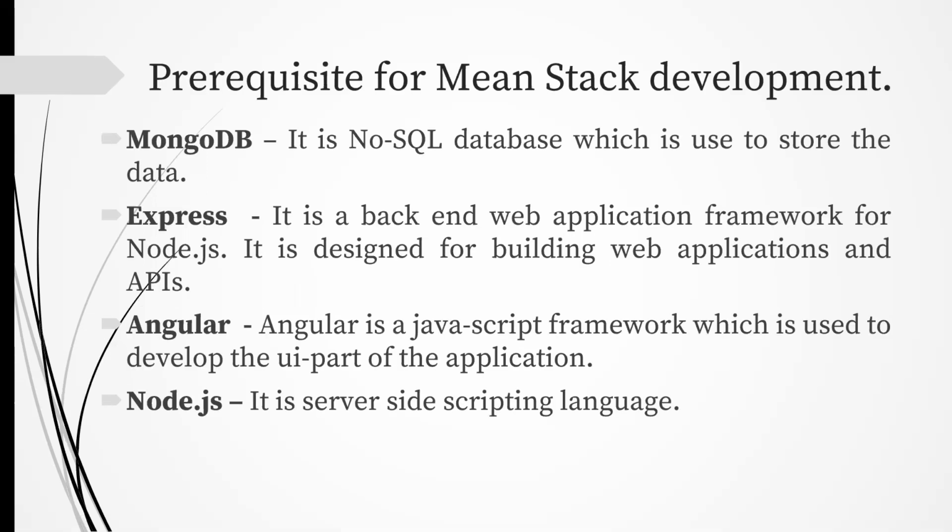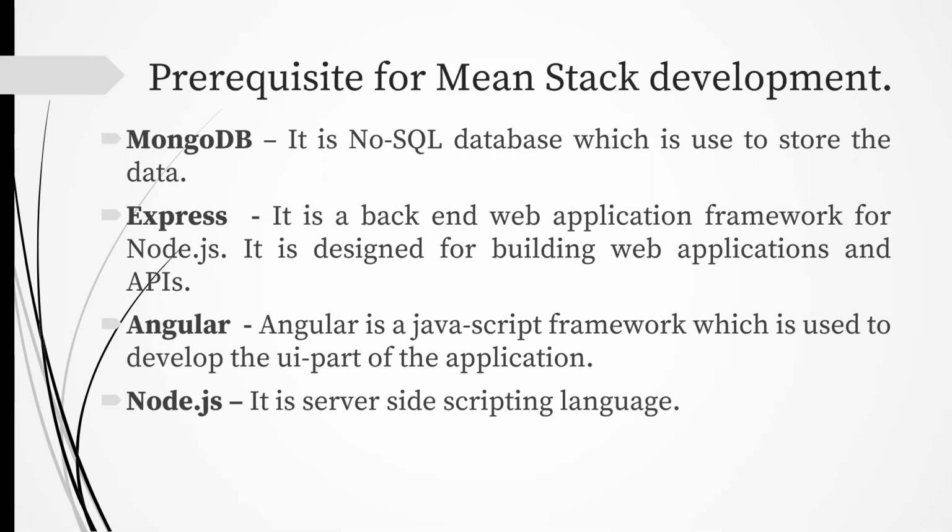Here I'm discussing the prerequisites for MEAN stack development. Here we require the four pillars. We can call them the 4 pillars of MEAN stack development. We firstly require MongoDB. It is a NoSQL database which is used to store the data. Then we require Express.